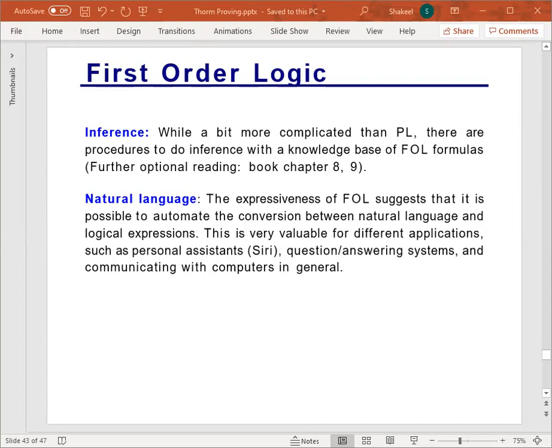The expressiveness of first order logic is powerful and suggests that it is possible to automate the conversion between natural language and logical expression. This is very valuable for different applications, including personal assistants, question answering systems, and communicating with computers in general. That will put logical agents on the smart side of the intelligence level on our intelligence axis.